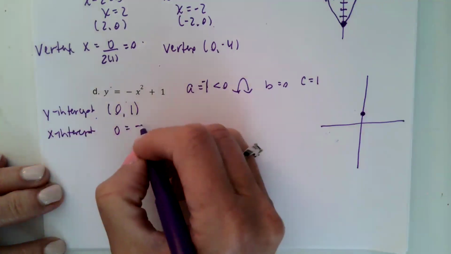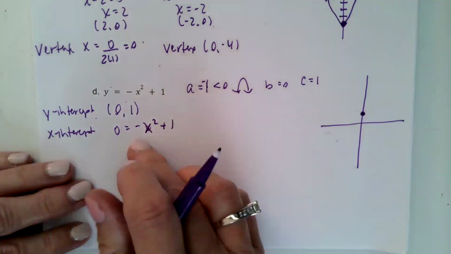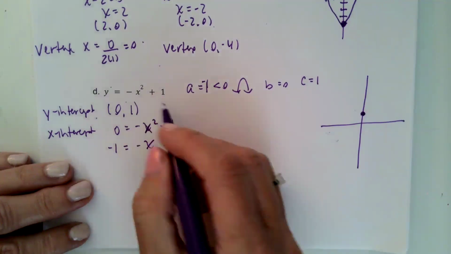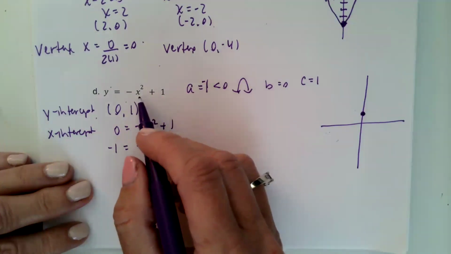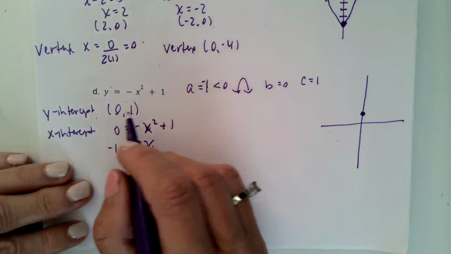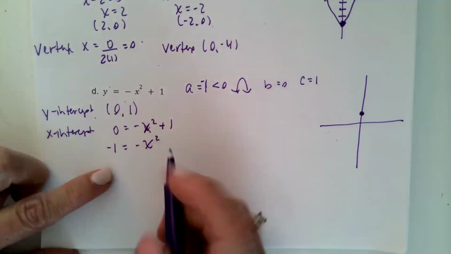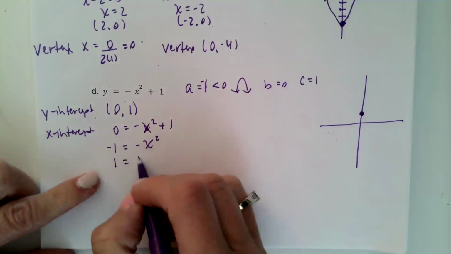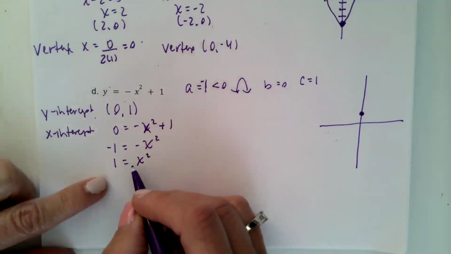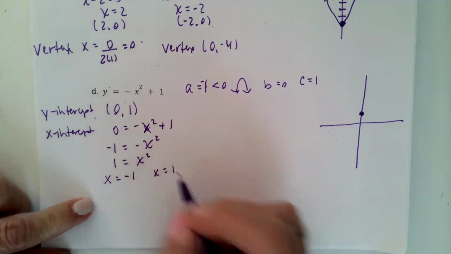And so when I set my equation equal to 0, I can subtract 1 from both sides because I can't factor this. So I'm going to divide both sides by a negative, and then I get x squared equals 1. So that means that x could equal negative 1 and x could equal positive 1.